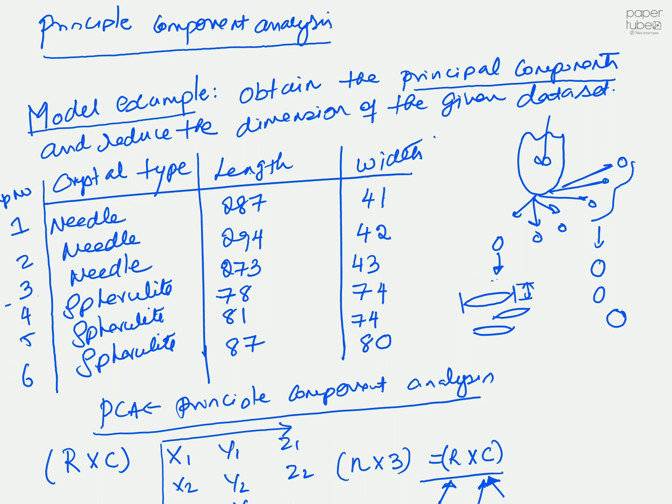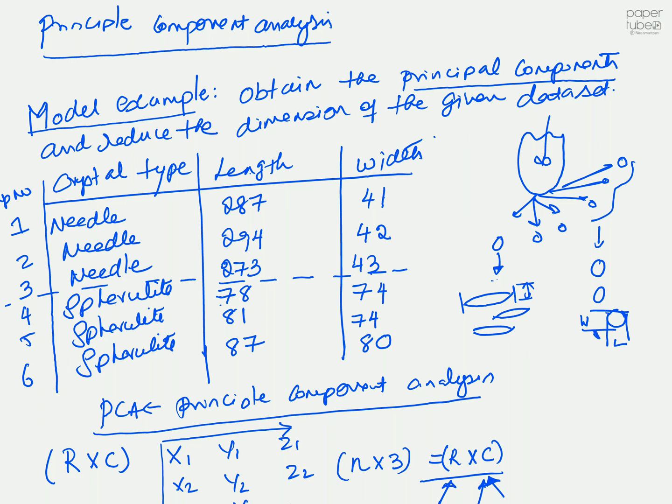This obviously corresponds to needles. As you see, length is roughly 3 times or maybe even more larger than the width. So that typically represents a needle-shaped crystal. And here you see length and width are almost similar. This is something that you can expect for a spherical particle. So length and width will be almost the same.